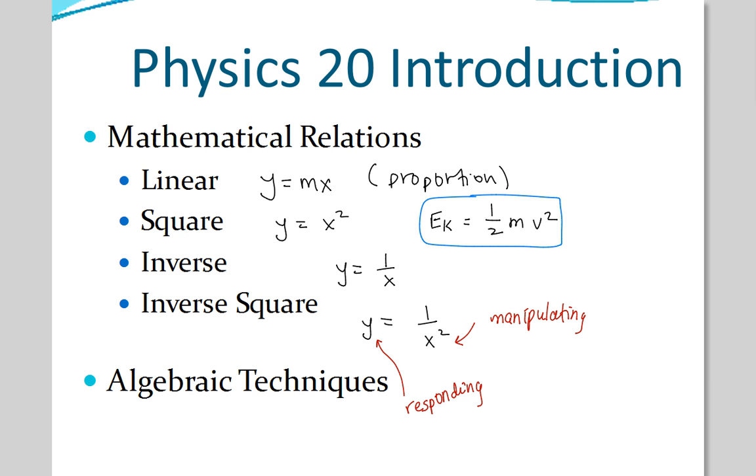So what does V stand for? Velocity, okay? Or speed. So depending on how fast you're going, you have different amounts of kinetic energy. So if you're going slow, you have a little bit, and if you're going fast, you have more, if you're the same mass.